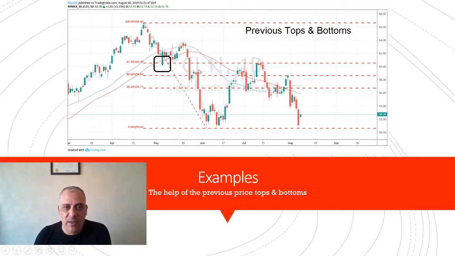Just look at this move, very strong move to the downside. Do you see any attempt to recover around here? No. So the price level around these areas, which is 56.70, is not a strong level. So I expect it not to hold on the way up. It did not hold on the way down, so I expect it not to hold on the way up.